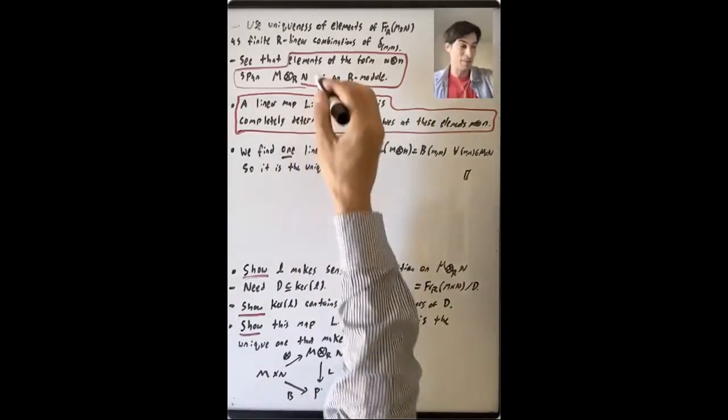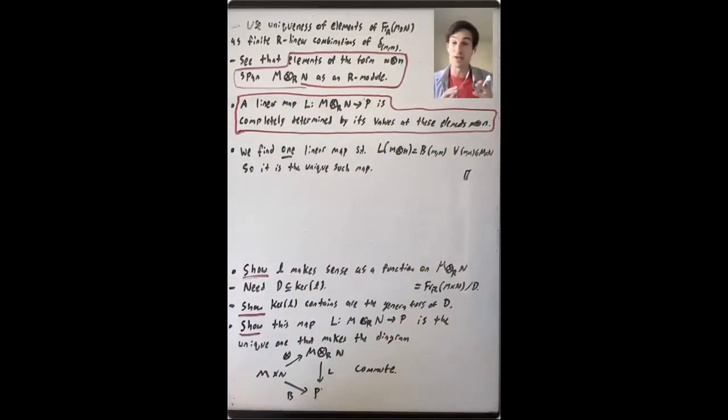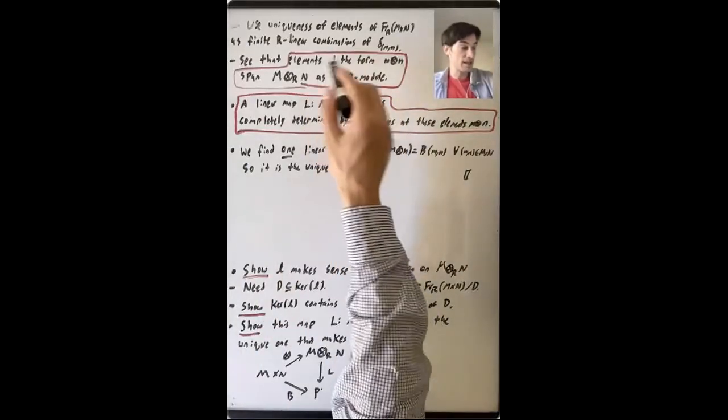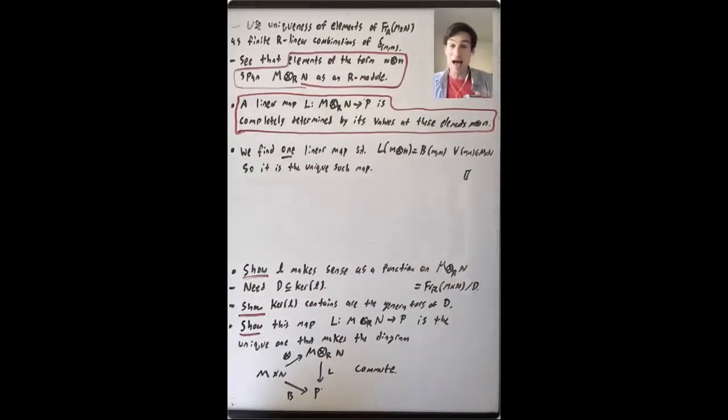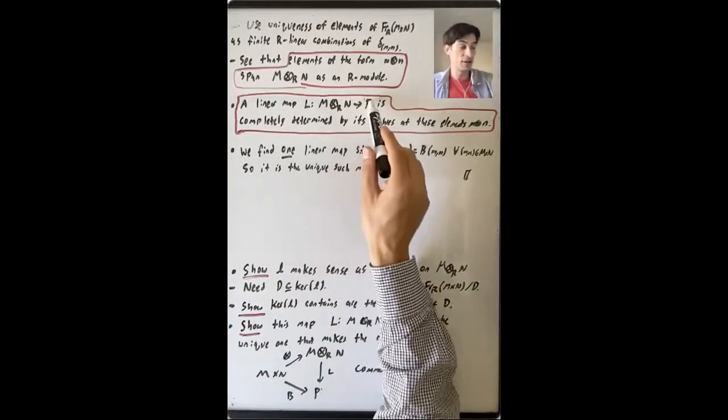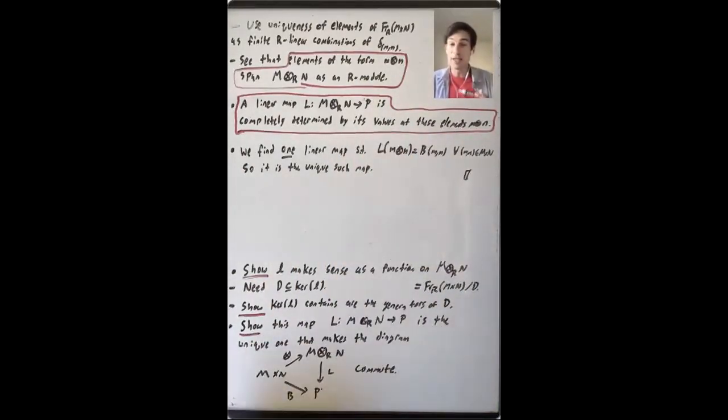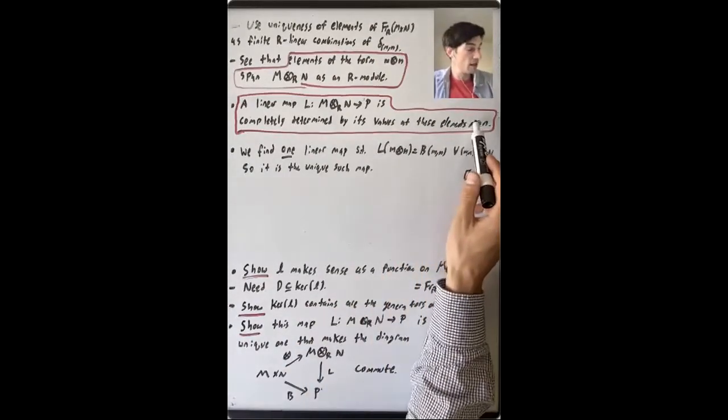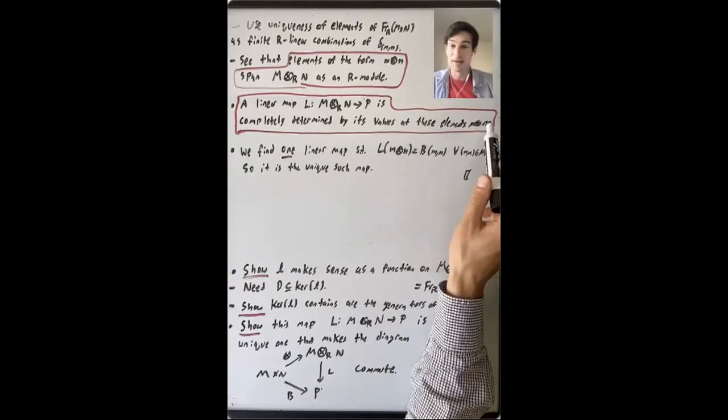So I'm putting this in a box because this observation is going to be useful even outside of this proof that a tensor product exists. And then, because this is a spanning set, if you have a linear map, an R module homomorphism from the tensor product to P, it's completely determined by what it does to a spanning set. So it's completely determined by what it does to these elements M tensor n.